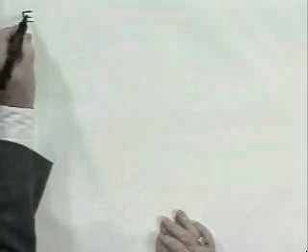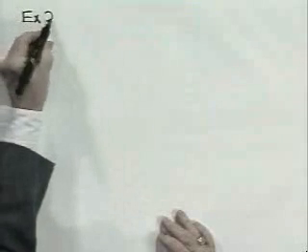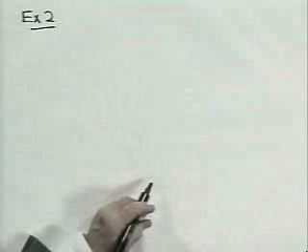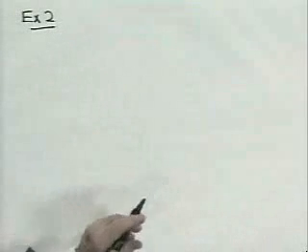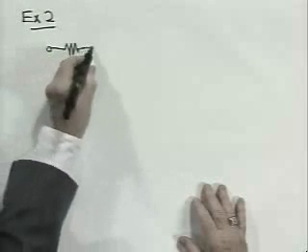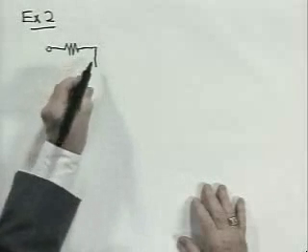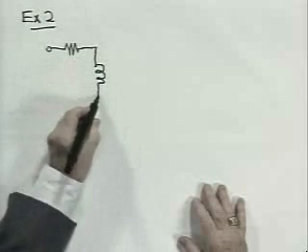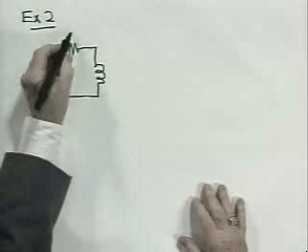Let's look at a voltage divider. This is example 2. And the circuit I want to look at is a voltage divider with a resistor in the upper arm and an inductor in the lower arm.